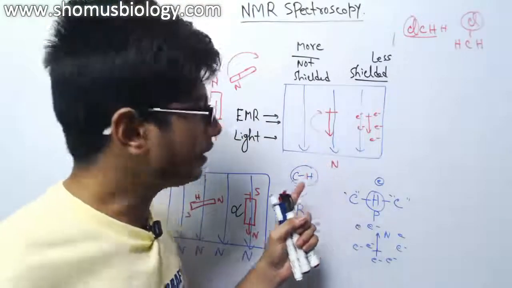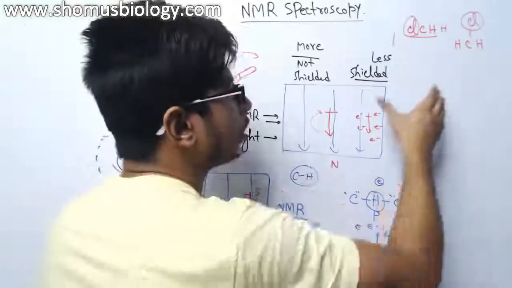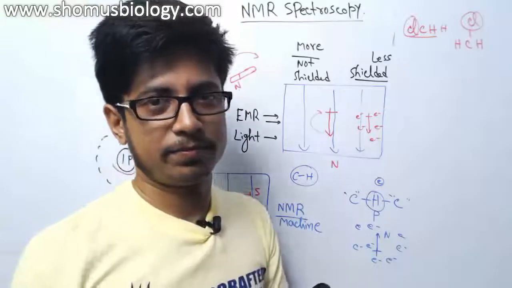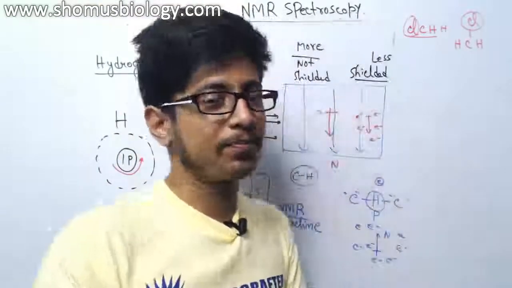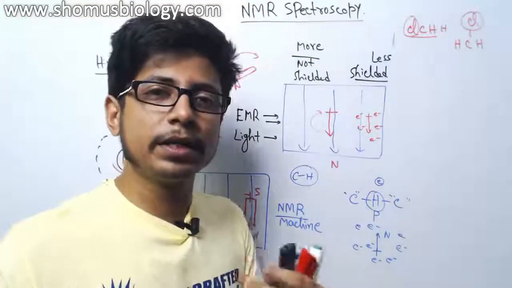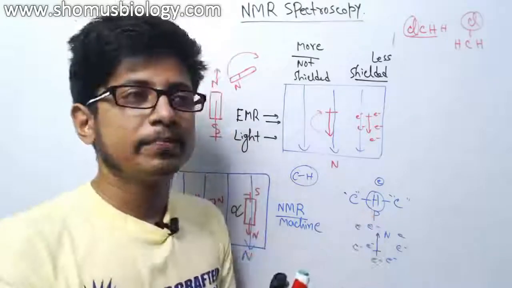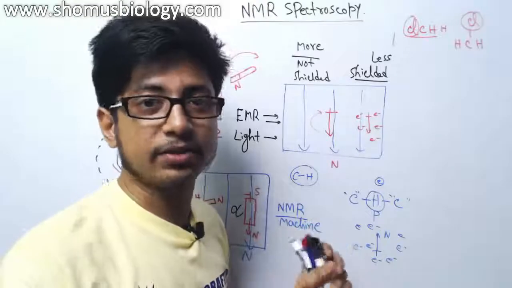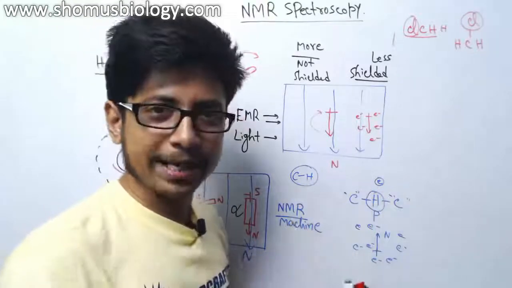It's simply because different molecules have a different arrangement of atoms, different bonding, and due to the presence of different atoms nearby, this shielding and non-shielding will take place, and that will help us find out the exact structure. Okay, so let's look at that in a moment.